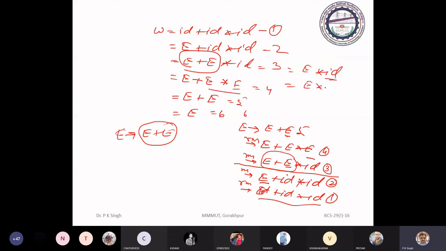So E into ID, and finally E into E, and it will be E. So if you see this, it is not the rightmost derivation of that string in reverse. So we will not consider it. Now in bottom-up parsing, we have to restrict such conditions due to the ambiguity in the grammar.